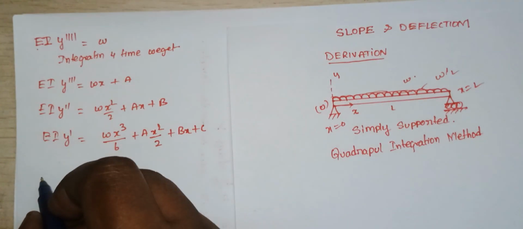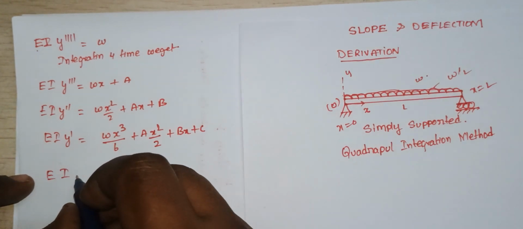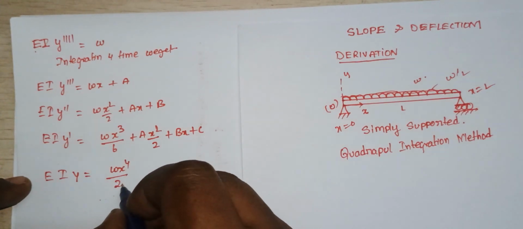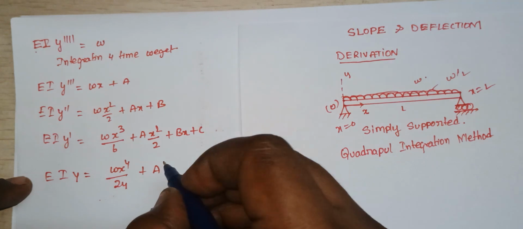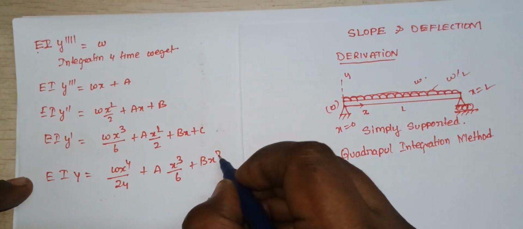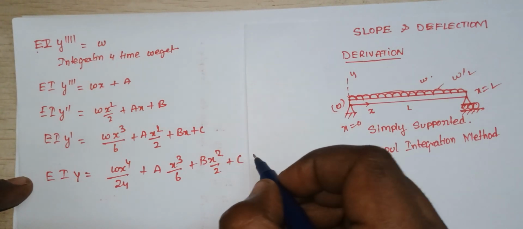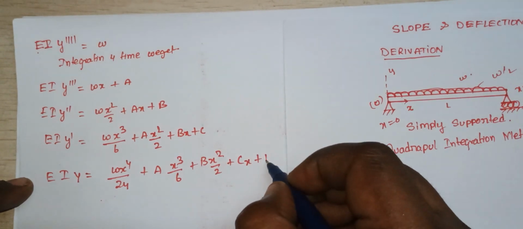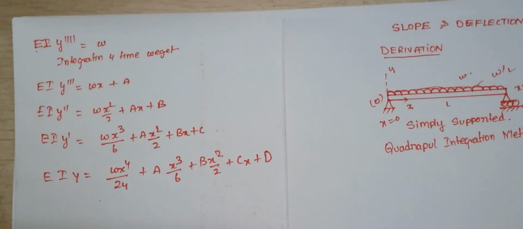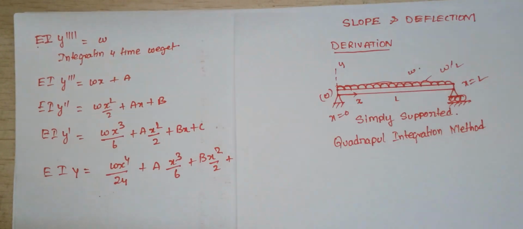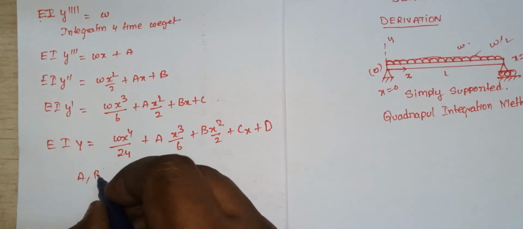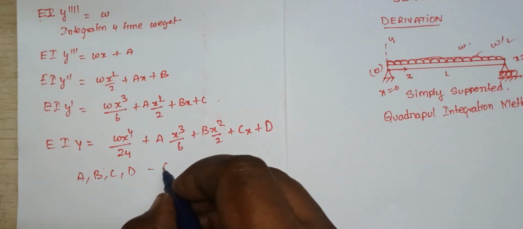Again integrating, we end up with E I y is equal to W x power 4 by 24 plus a x cube by 6 plus b x square by 2 plus c x plus d. So we have got a, b, c, d as constants.